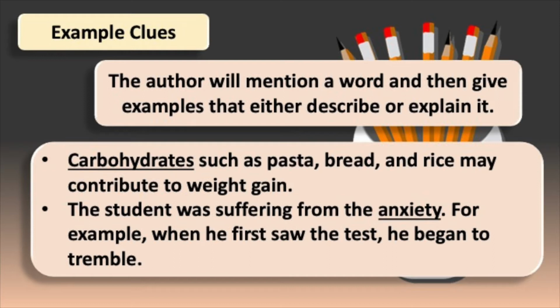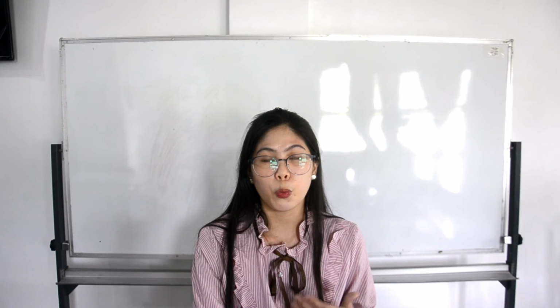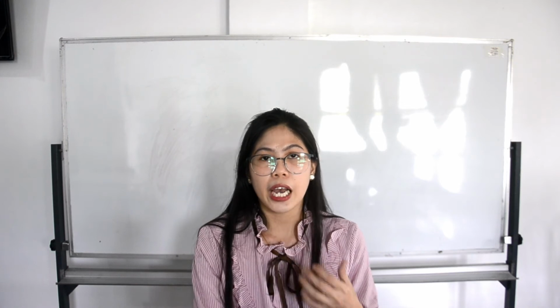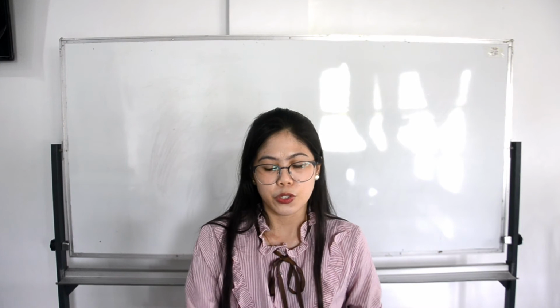As you can see here, we have the phrase "for example," which tells us that to understand our unfamiliar word anxiety, we have to look for its example in the sentence. And here, the example given was when he first saw the test, he began to tremble. This only means that a person who has anxiety may also tremble when triggered by something.